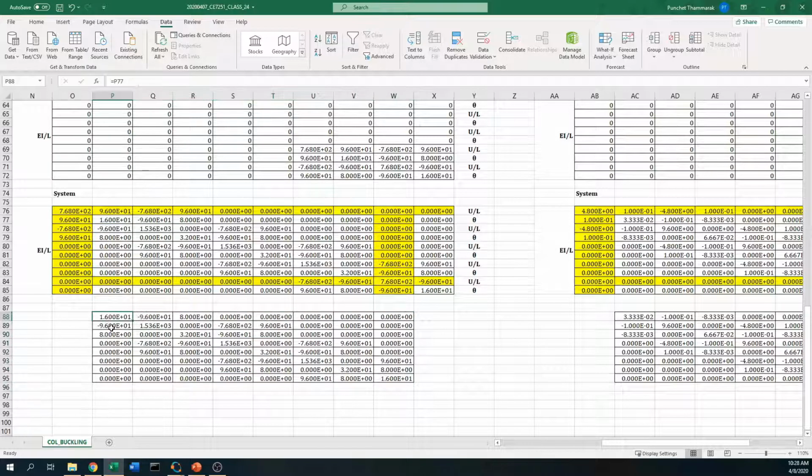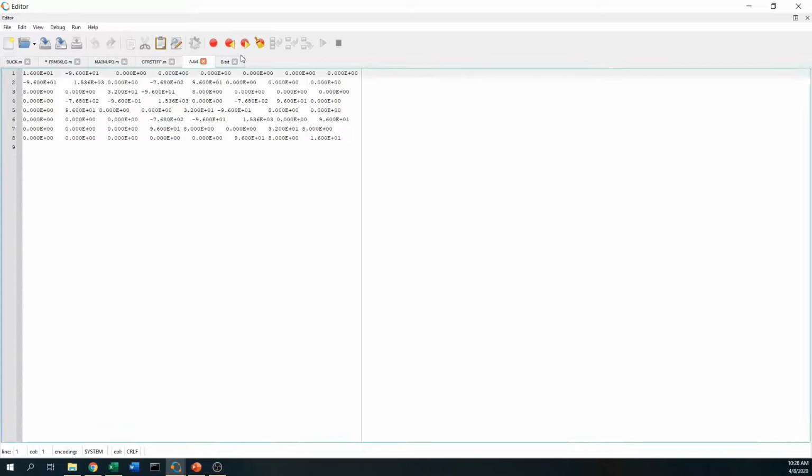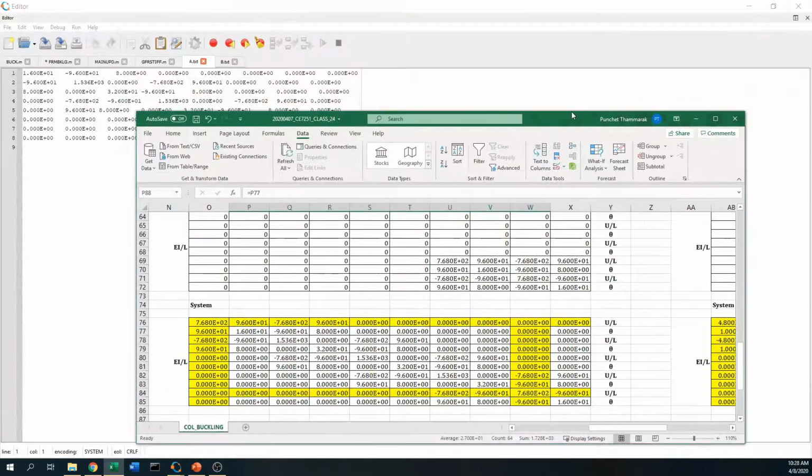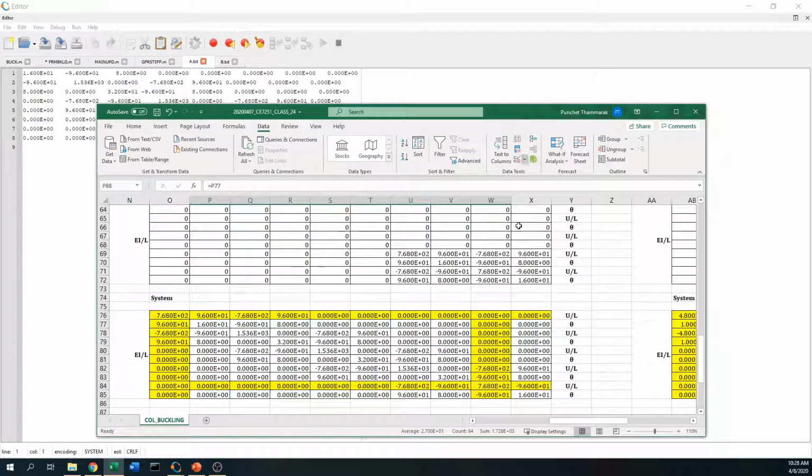I copy with Control C and then I paste it in the text file. You can see in the editor the file A and file B, which are provided in the Google Drive, and they are identical to these things in Microsoft Excel.